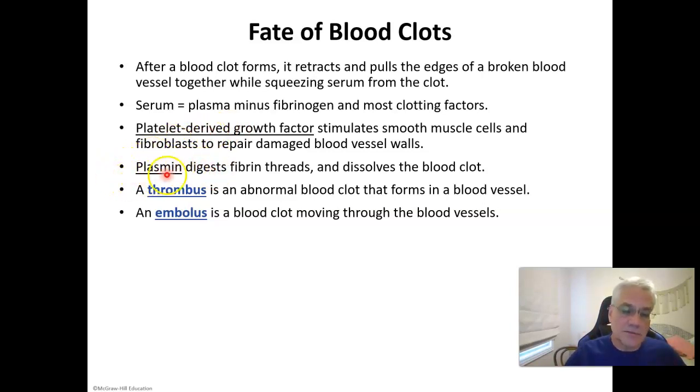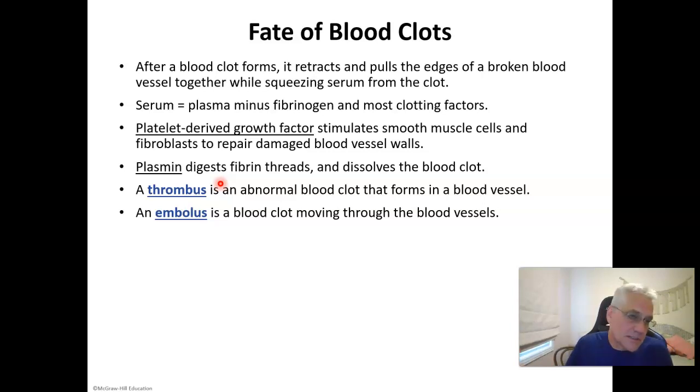Now, this is what I really want to get into here. Plasmin. Plasmin is another protein that gets activated in a much slower process. But the beginning of its activation is the initiation of a blood clot.